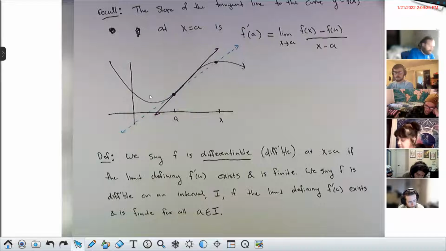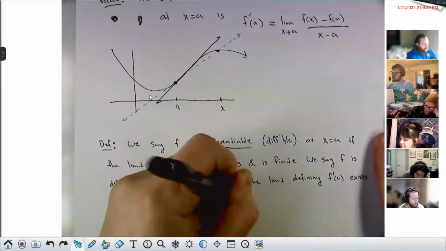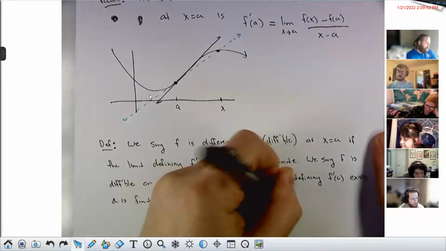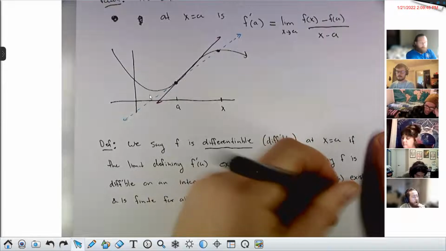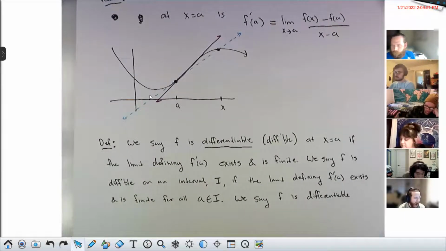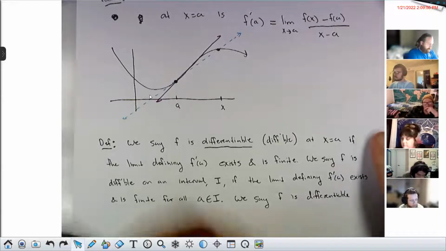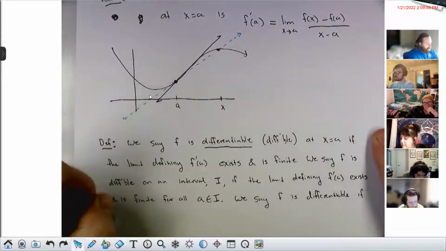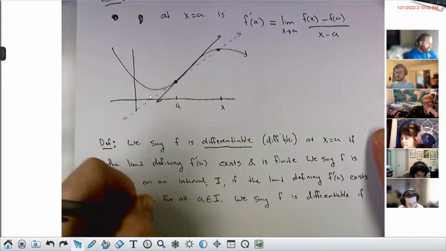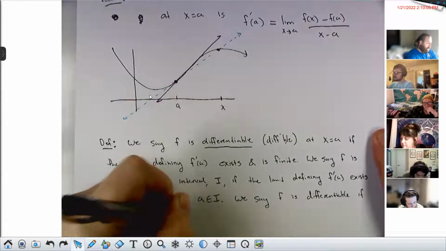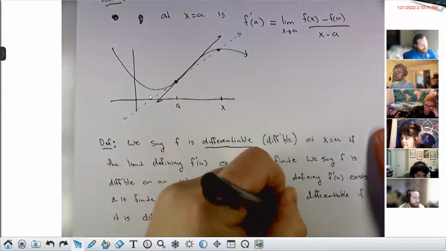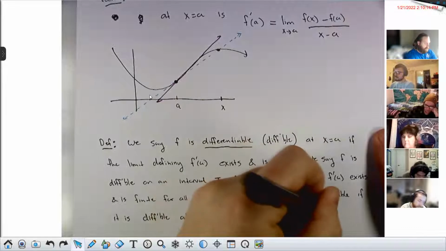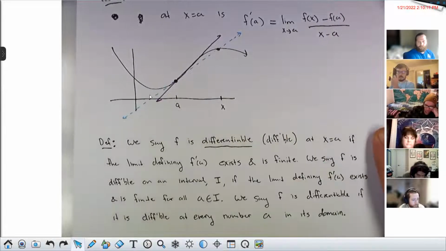And then the last kind of extension of this, we say f is differentiable, full stop, right, with no qualifiers, like not differentiable at a, not differentiable on the interval I, just differentiable period, if it is differentiable at every number a in its domain.